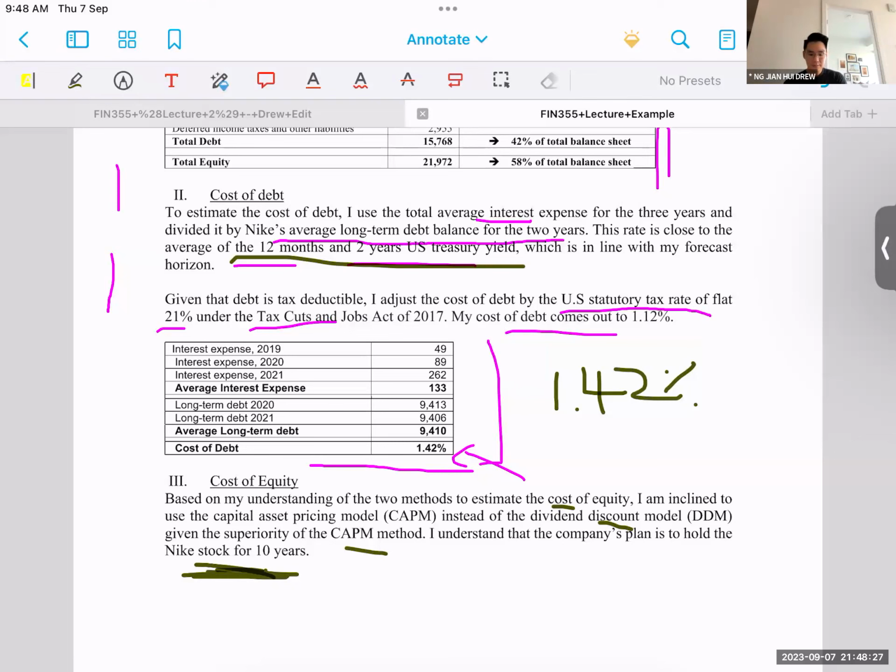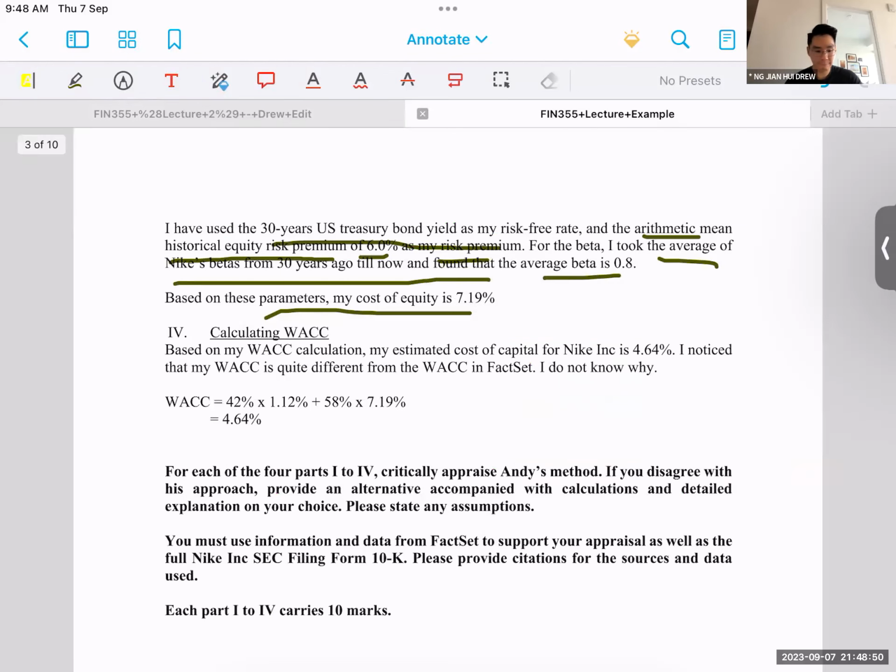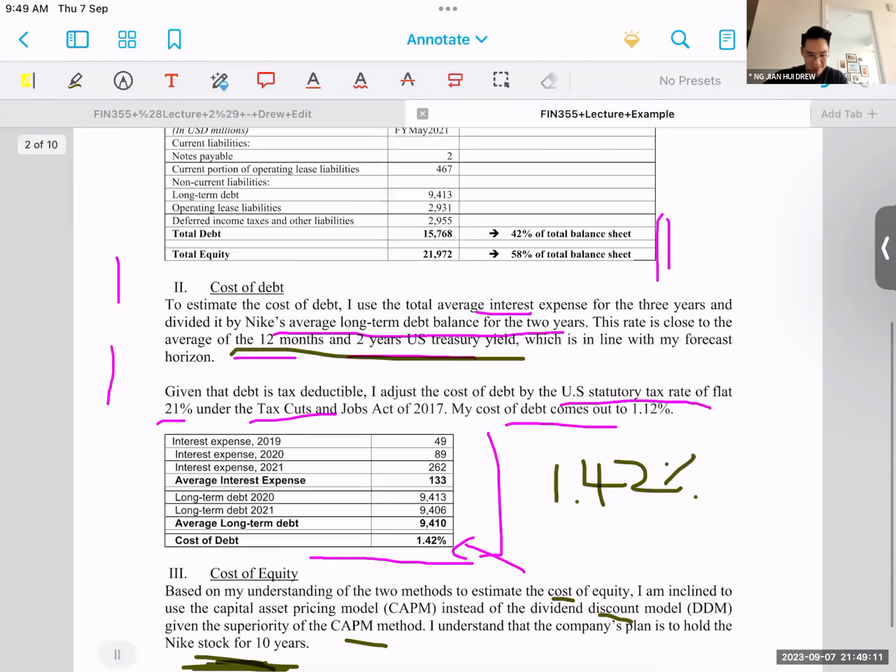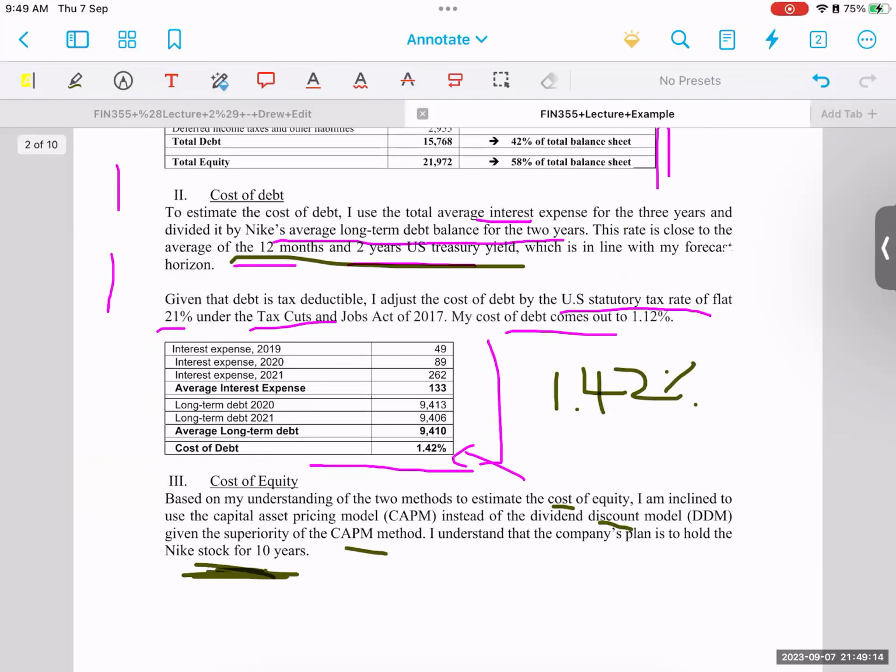Any volunteers: what's right as well as what's wrong with the cost of equity?